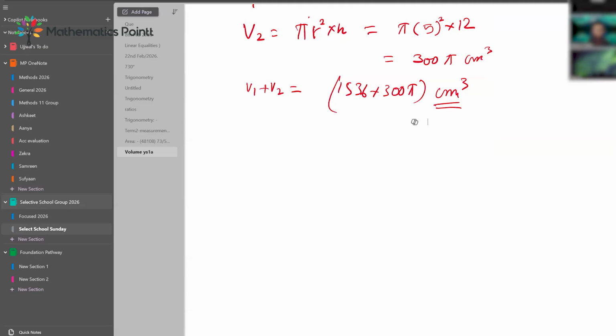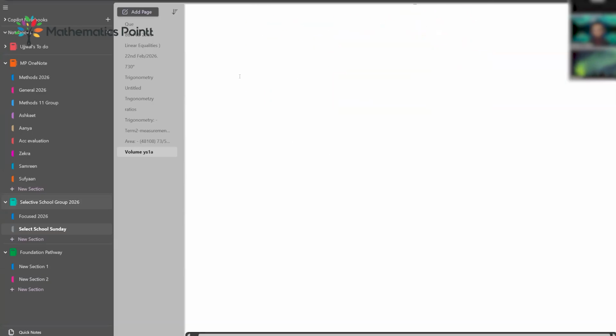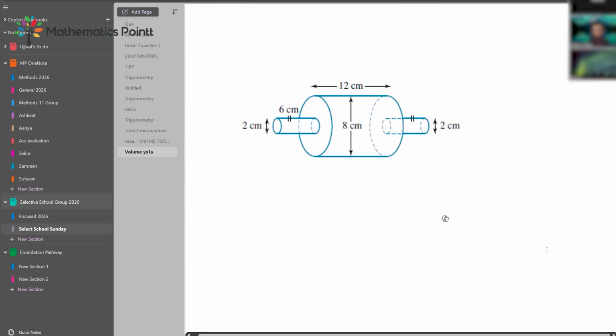One more to go, and then we finish our session for today. I want you to find the volume of this figure. Go for it.